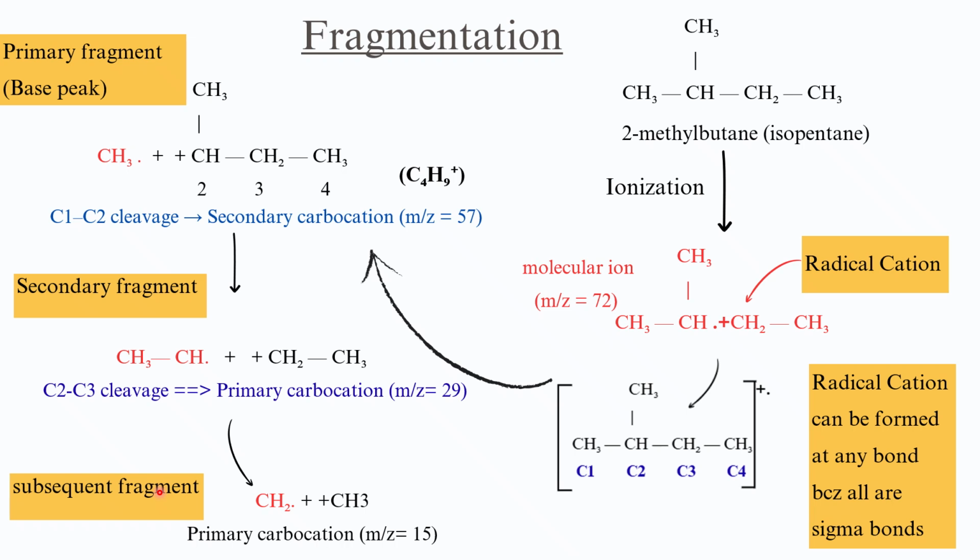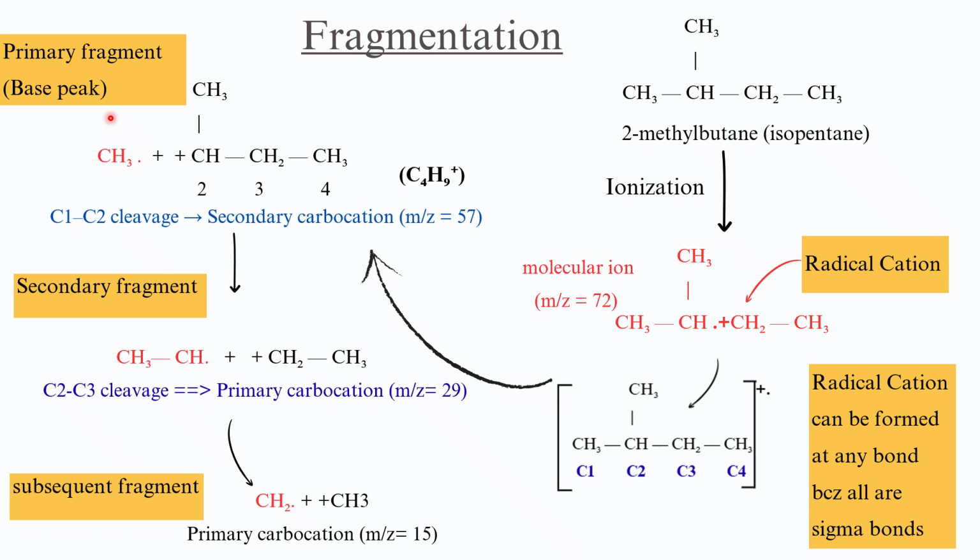That is, whatever organic compound is given, first form its molecular ion. Once you have formed this molecular ion, go for the fragmentation, where you will get your first fragment, which you will call your primary fragment. It is also called the base peak because it is the most stable radical cation formed in the whole fragmentation process.